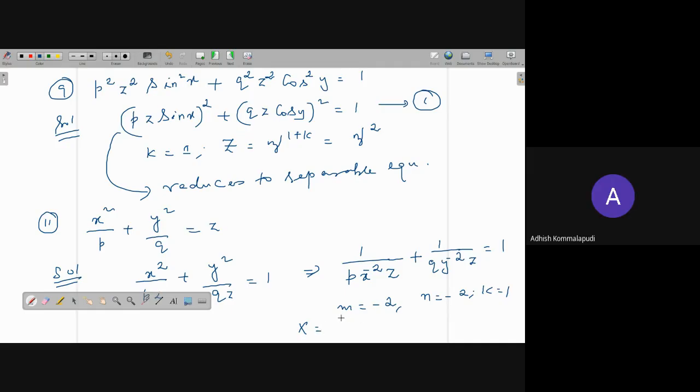If m is minus 2, what is capital X? X square. X power 1 minus m, so X cube will come. Is it correct? Yes, sir. Next, similarly tell what is capital Y. Y cube, sir.